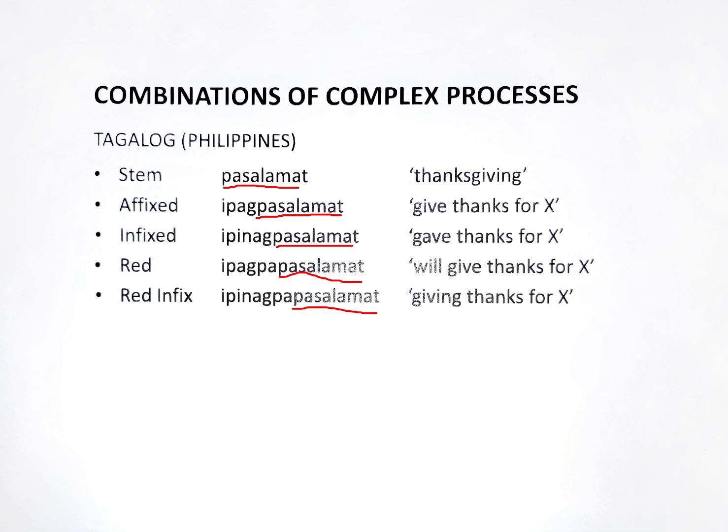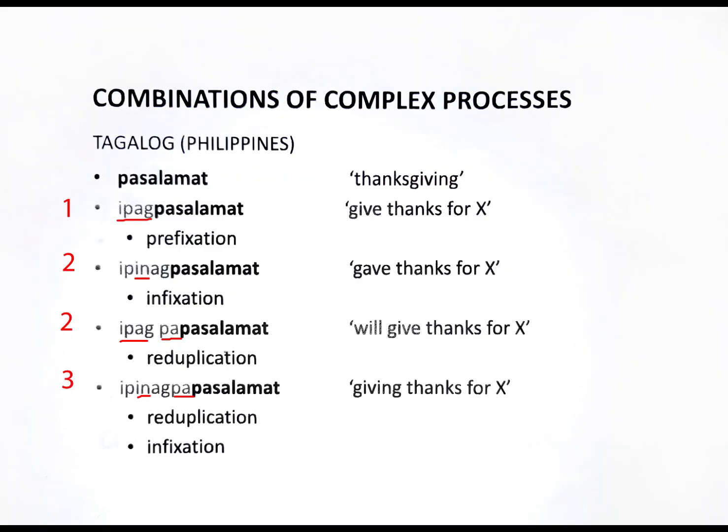So let's look at them in detail. Firstly, we have the stem word Pasalamat. From its first word formation, we can see it is adding the prefix to form the word. Right, this is basically the simple word formation process of affixation.